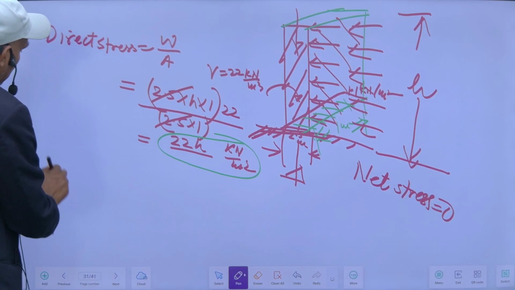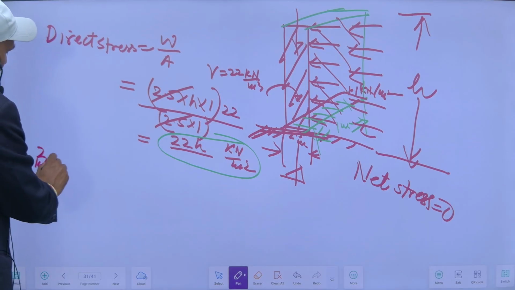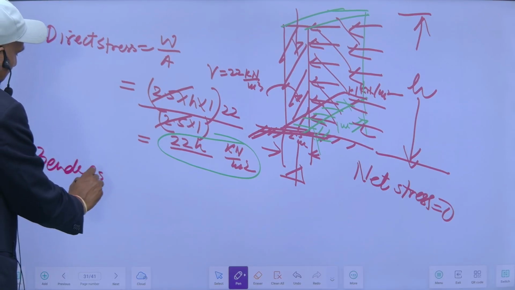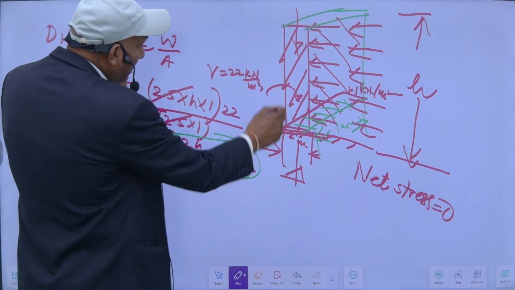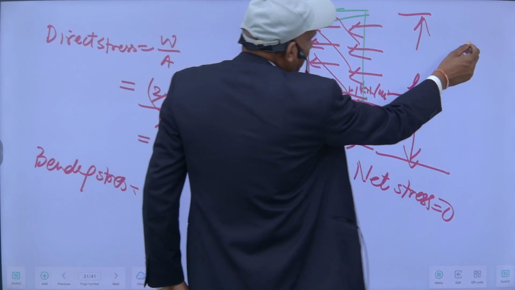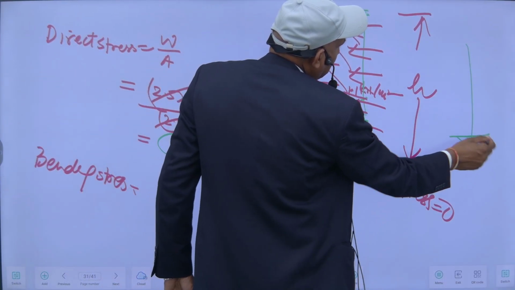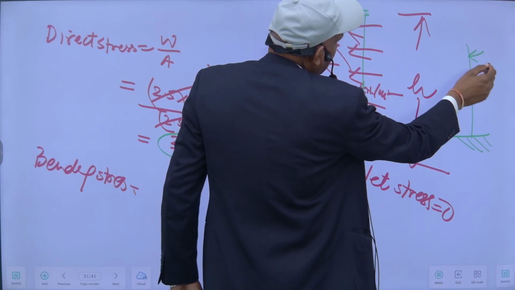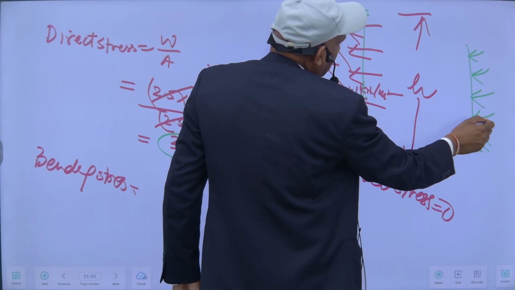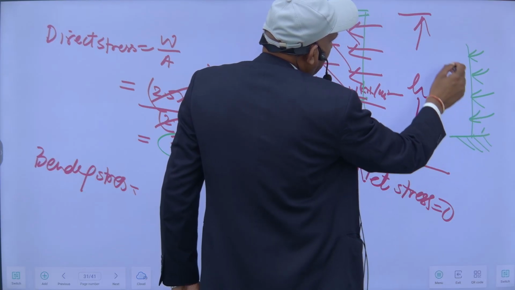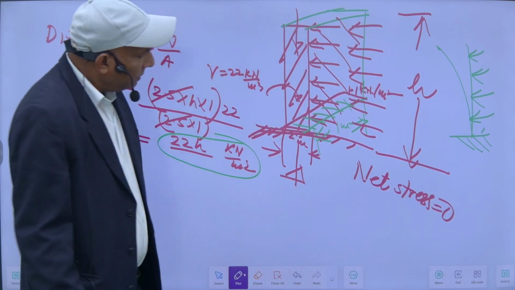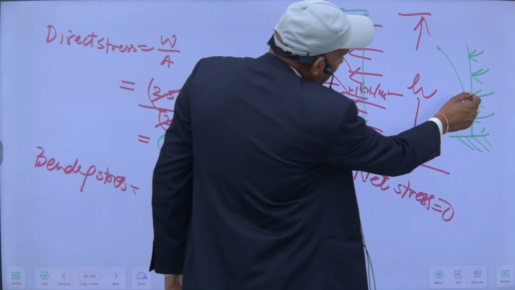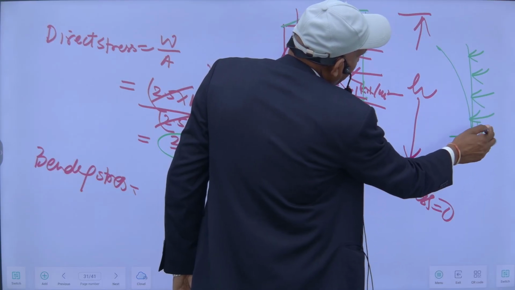And bending stress. Due to this load, this is just like a cantilever, and this is UDL. So it will deflect like this. So on this face, tensile stresses will develop.